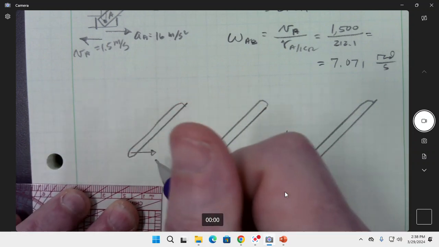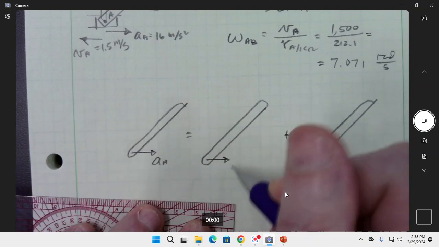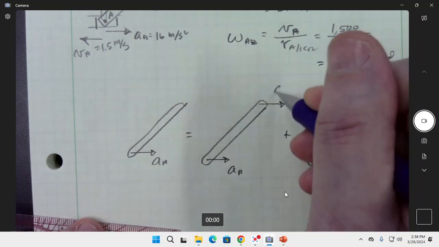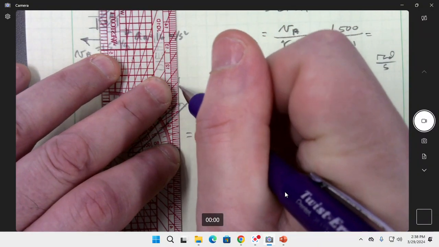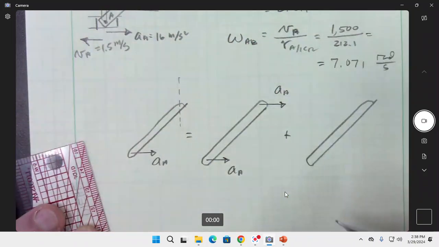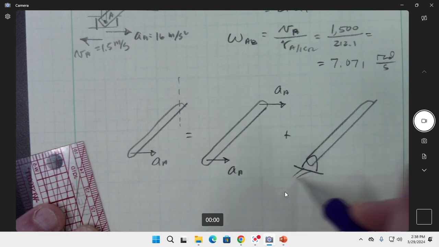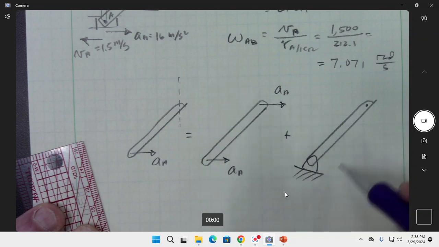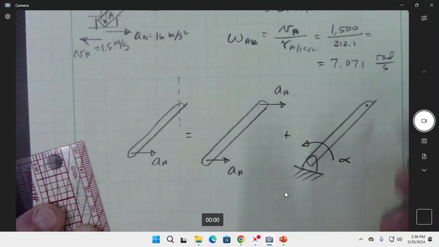Acceleration of A. So put it at both spots. Our acceleration has to be either up or down. And we're going to have this thing, AB.